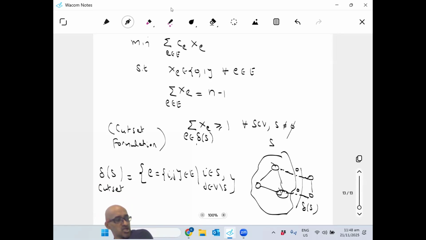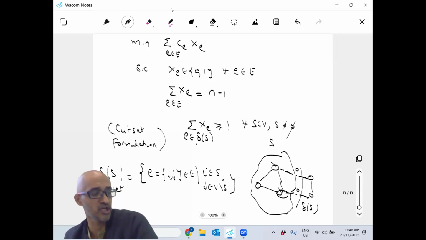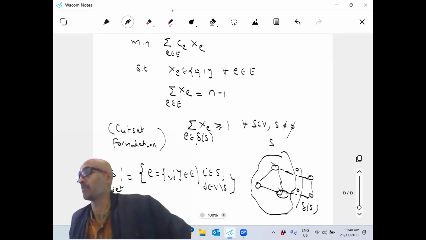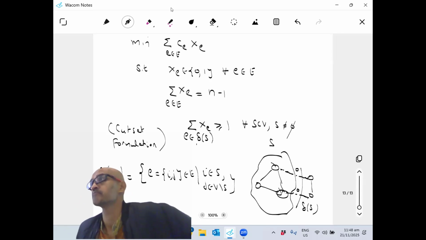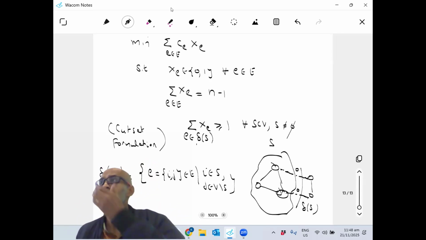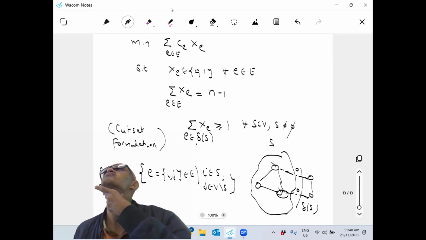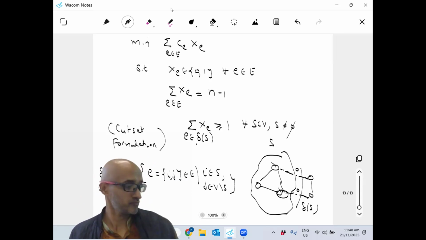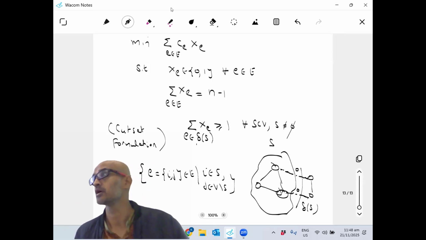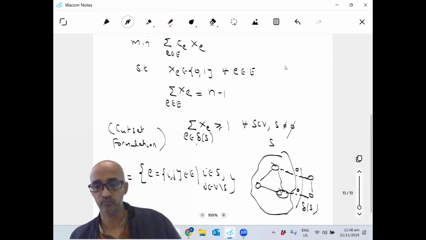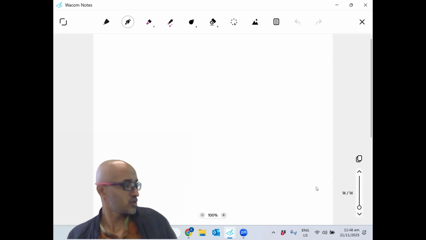So the cut set formulation is an alternative formulation for the MST problem. Okay. Any questions here? Is it clear? Okay.